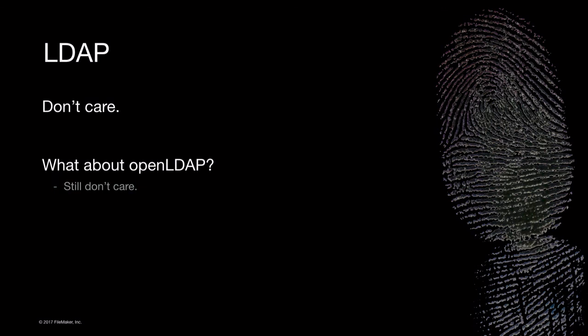There's a thing called Open LDAP, which is a directory service, not to confuse you. Don't care, right? It does nothing for authentication on the FileMaker side. I mentioned that as one of the early slides. There's mention of LDAP a little bit in the FileMaker admin console. Don't even go there, right? It does nothing for authentication.